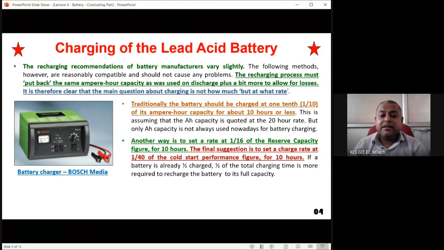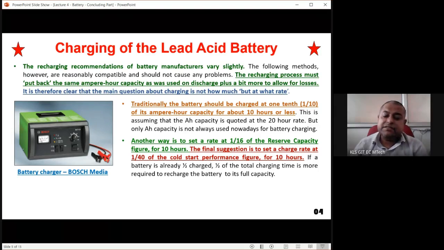If a battery is already half charged, how do we understand that? We put a hydrometer in the battery electrolyte and sense the electrolyte concentration, and there is a table that says that for this much electrolyte concentration, this much is the state of charge, or SOC, of the battery.